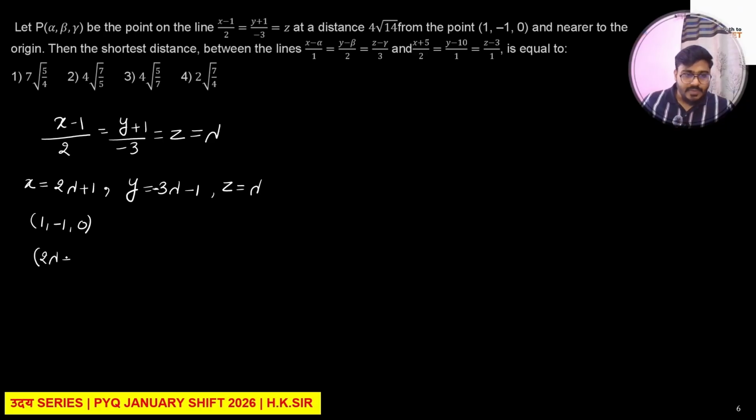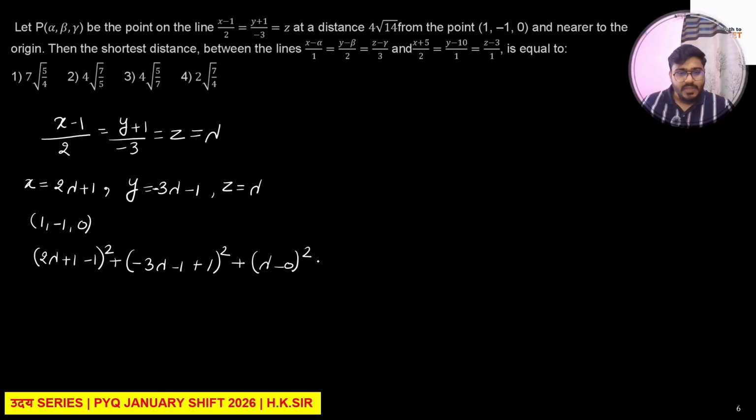Okay, so we can use the distance formula. (2 lambda plus 1 minus 1) whole square plus (minus 3 lambda minus 1 minus minus 1) whole square plus (lambda minus 0) whole square. This distance is equal to 4 root 14, but when you square both sides there will be (4 root 14) whole square, because if you square, root will eliminate from this side.